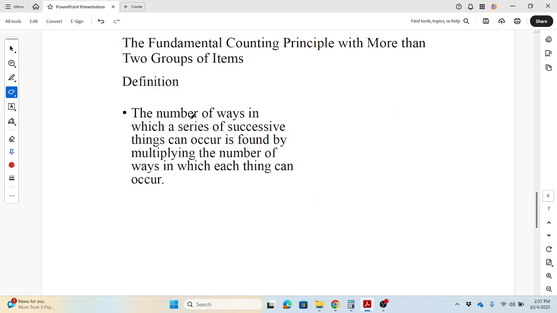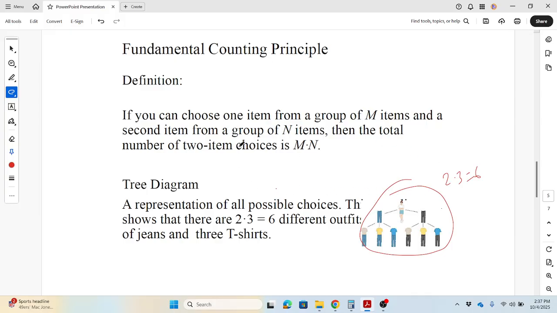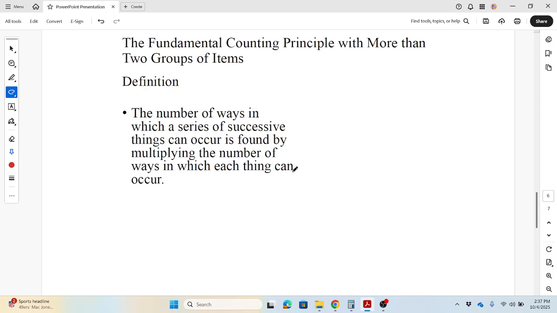The number of ways in which a series of successive things can occur is found by multiplying the number of ways in which each thing can occur. So this principle, we have m times n. It's not only 2 different items. If you have more than 2 items, you just have to multiply the possibilities from each of the items.